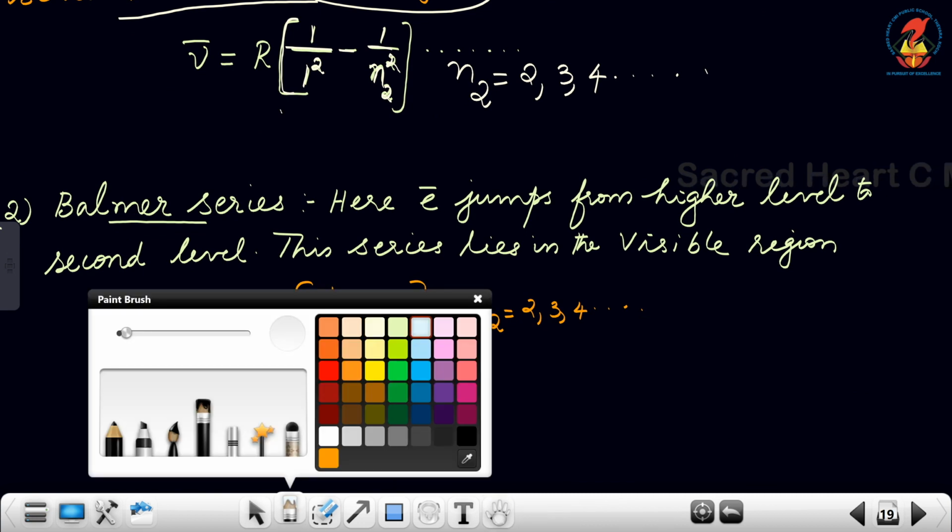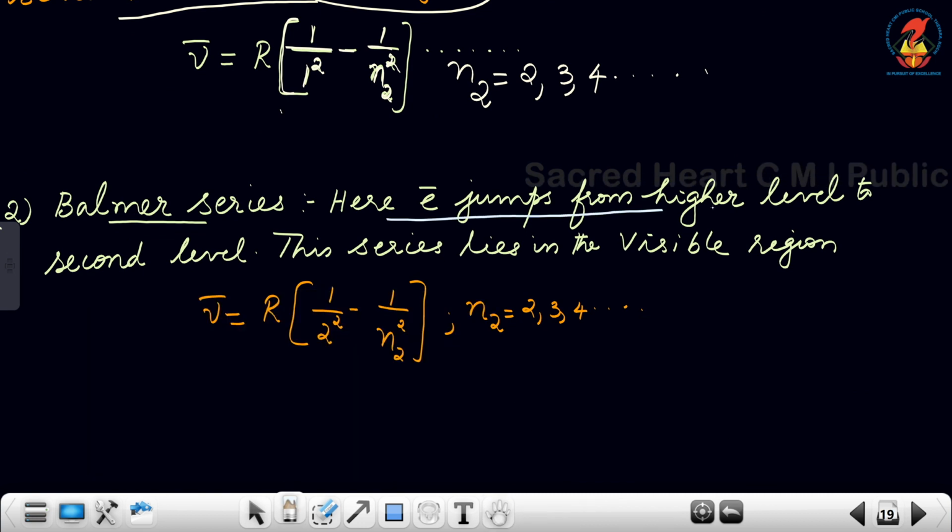Similarly, next we have the Balmer series, in which the electron jumps from a higher energy level to the second energy level.